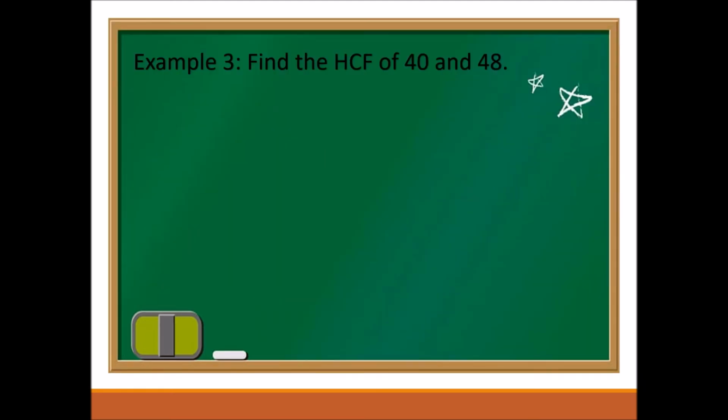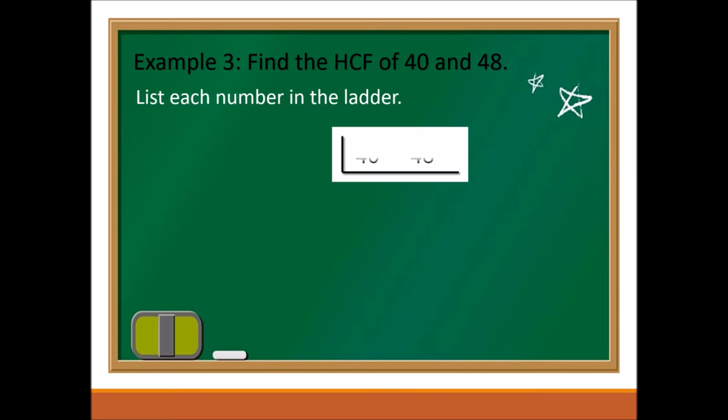Now let's have our last example before you are going to answer your textbook. Find the highest common factor of 40 and 48. Again, first thing to do is write the given numbers in the ladder. So we have 40 and 48. Then, find the common prime factor to use as our divisor. 40 and 48 are divisible by 2.